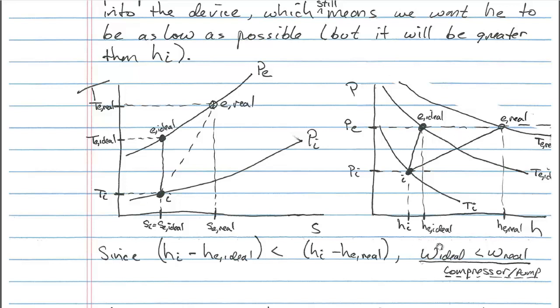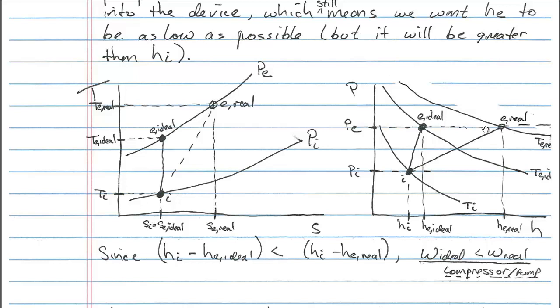And that's where now this idea of ideal versus real manifests itself. Suppose you got your degree from TU and you design a real lousy pump, it's going to take a lot of work to bring that substance up to the desired exit pressure.